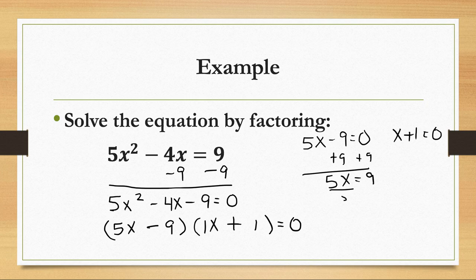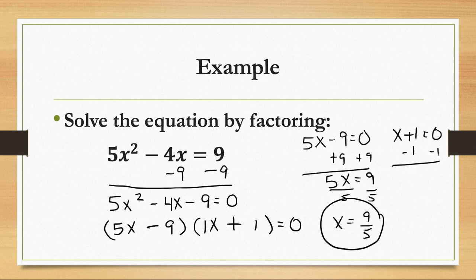We're going to divide both sides by 5. And so x is equal to 9 over 5. On the second term, we're going to subtract 1 from both sides. And x is equal to negative 1. So our solutions to this quadratic equation are 9/5 and negative 1.